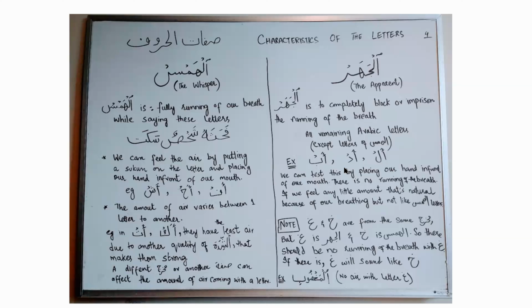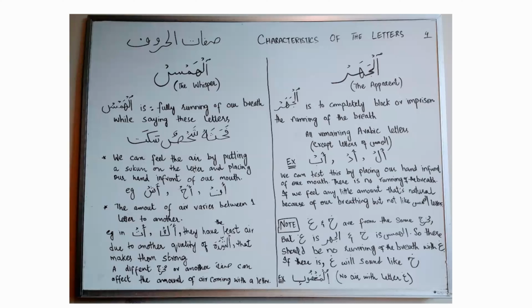I wrote some examples here, and you can try them the same way, by putting your hand in front of your mouth, giving the letter a sukoon and adding a hamza with the fatha before it. We can try them like this, ab, without qalqala, because that's another characteristic. So without applying the rule of qalqala, try to say ab, ad, al.